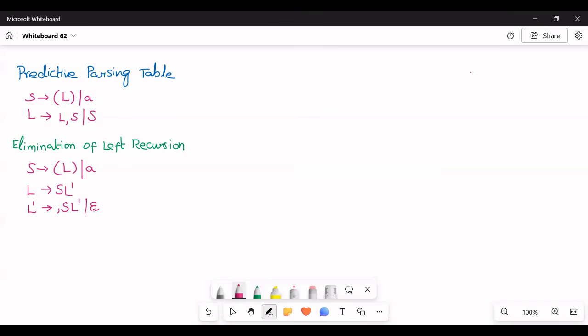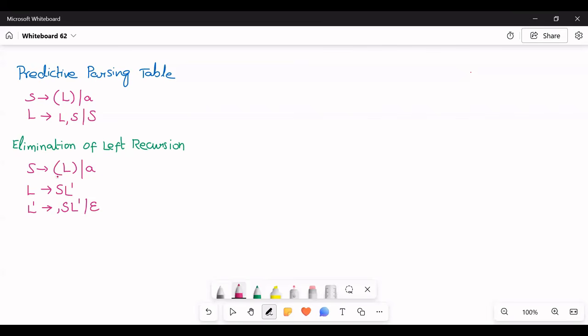Then the second step is left factoring. Left factoring means we have to check the right side of all the productions. If two or more productions are starting with the same symbols, then we need to do the left factoring. Otherwise, no need to do. In the S production, the first production starts with open parenthesis or left parenthesis, and the second production is a.